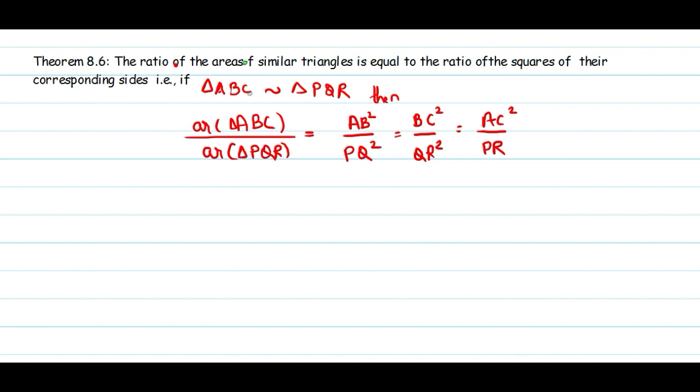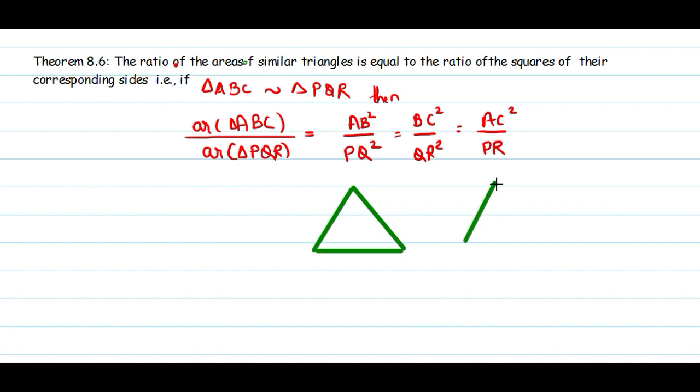It means if two triangles are similar, if I take triangle ABC and triangle PQR, then the ratio of the area of triangle ABC to the area of triangle PQR will be equal to the ratio of the squares of their sides. So, if the corresponding side of AB is PQ, then AB square by PQ square will be equal to BC square. Let me show it using a figure.